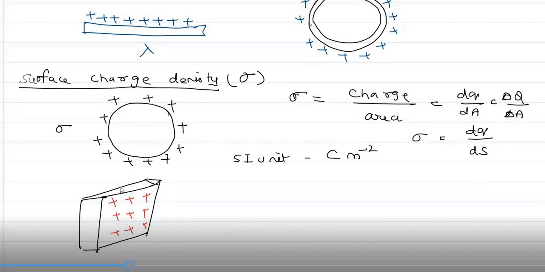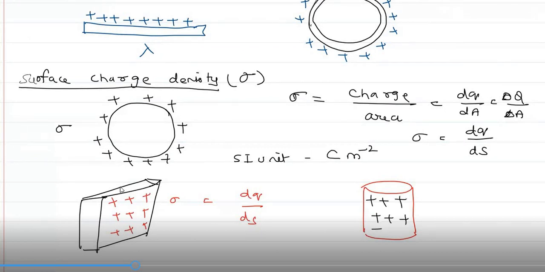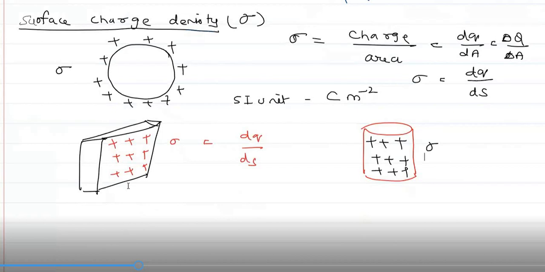If I ask for the surface charge density, you will simply say it is dq by ds. One more example of surface charge distribution is a hollow cylinder, not a solid cylinder. Over the surface, the charges will be distributed. Sigma is charge per unit area.